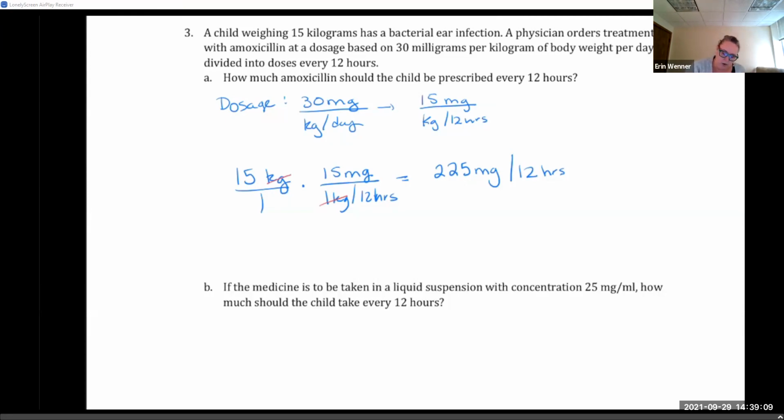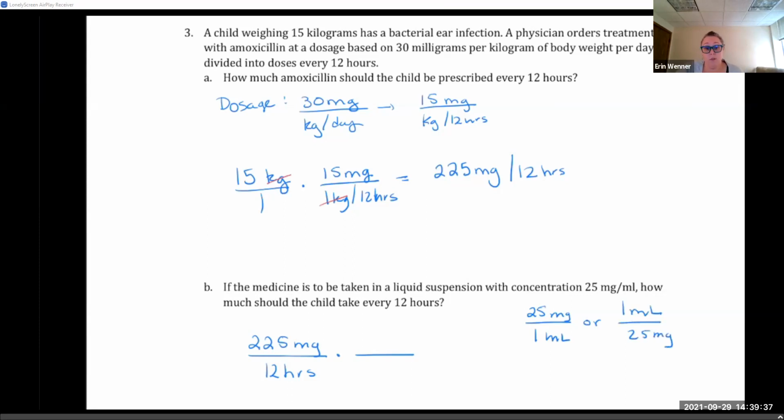Well, we're going to take what we're giving them, 225 milligrams over 12 hours. And then we need to think about how we write that second fraction. Because 25 milligrams per milliliter means 25 milligrams per 1 milliliter, or it can also mean 1 milliliter for 25 milligrams.